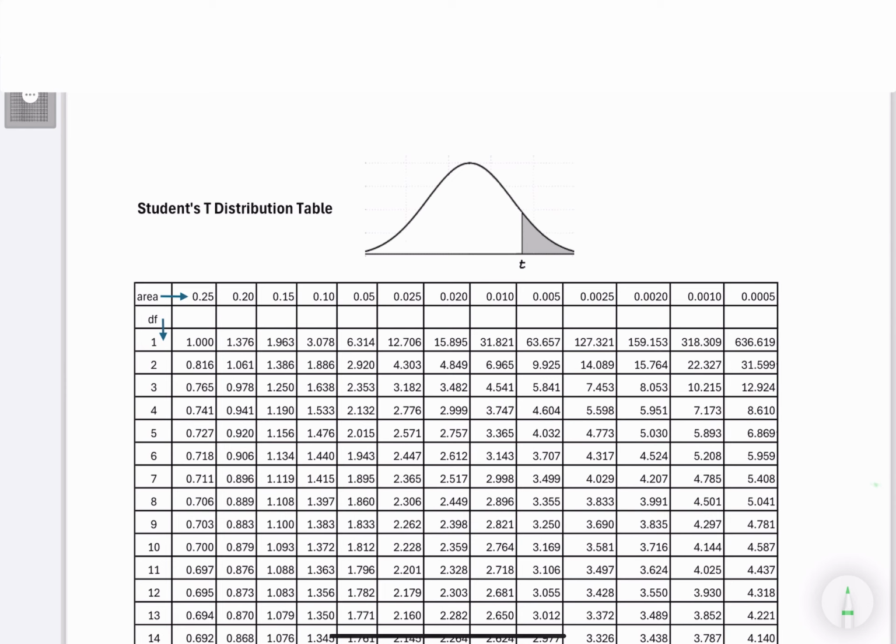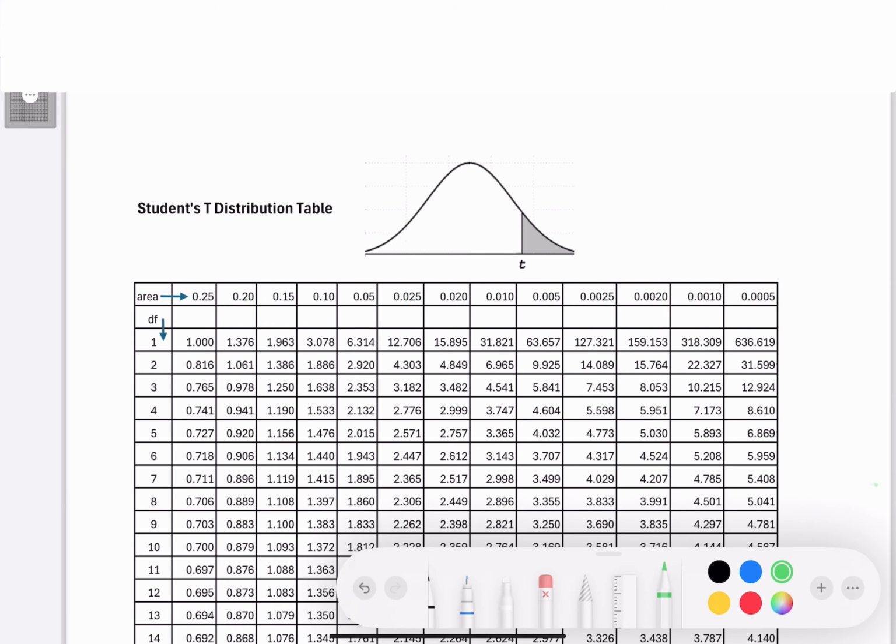We want the area to the right to be 0.10. Remember, the areas are found in that top row up here. So I'm looking for this guy, area being 0.10.